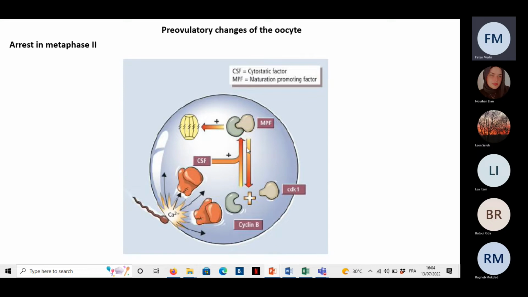And this will lead to the dissociation of the MPF factor. And as a consequence of the dissociation of the MPF factor, the microtubule spindle will no more be stabilized, and the cells can exit the metaphase 2 to start the anaphase, and thus they can resume the meiosis 2.